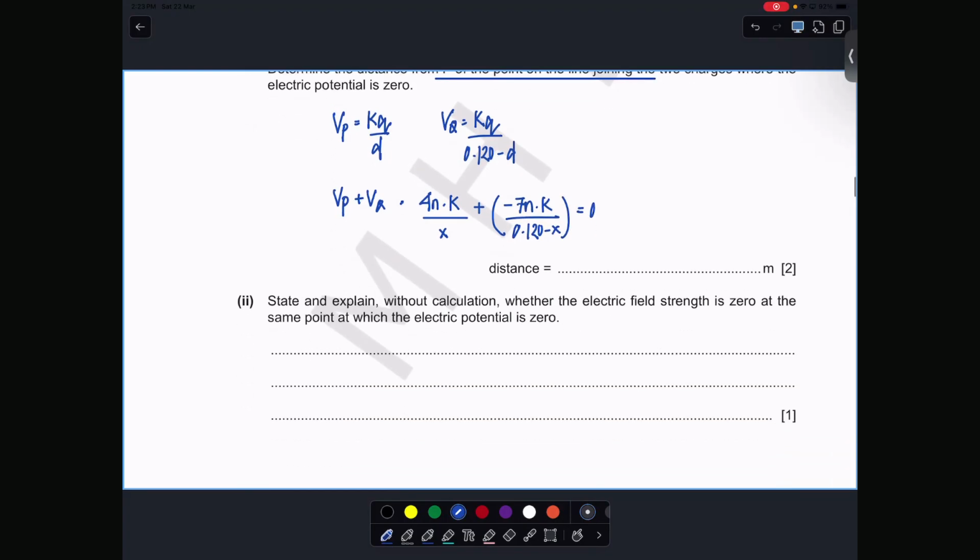So it has to solve korte jao, you see the K cancels out, the nano cancels out. So it's going to be 4 by X equals to 7 by 0.120 minus X. X solve korle jeta ashe should be the answer. Koto ashe? 0.043 meters.